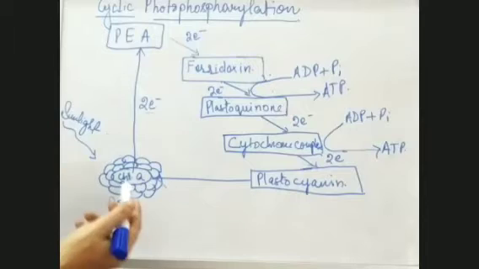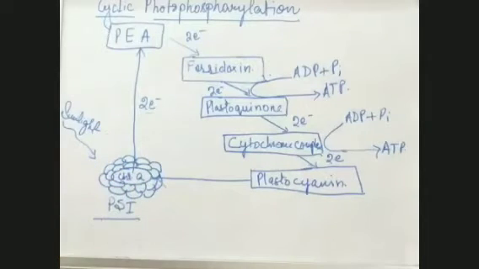In their place, the electrons to the reaction center were provided by photolysis of water. This happened yesterday, what we were studying in non-cyclic.